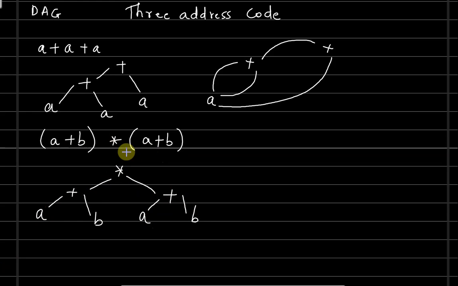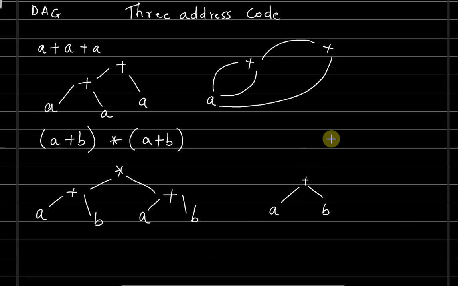If I want to represent this using a DAG, then I'll start with A plus B first. A is encountered for the first time, I'll create a node for B and join these by plus. Now, there is one more A plus B and it is the same expression, right? So instead of creating new nodes for A and B, the A plus B computation is there at this point.